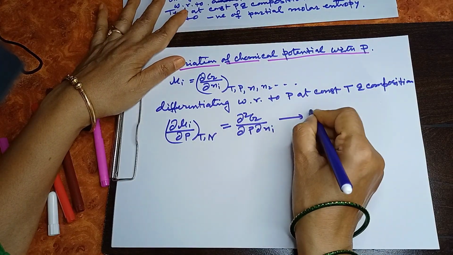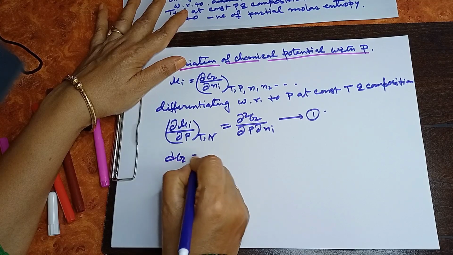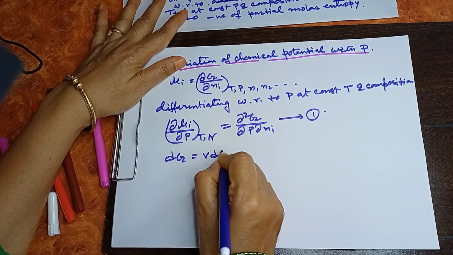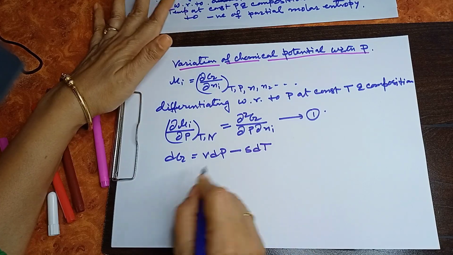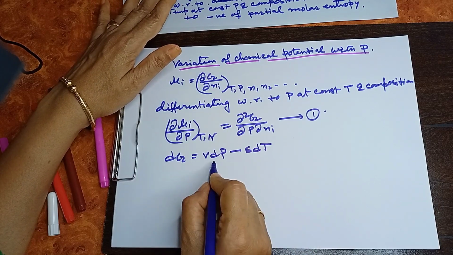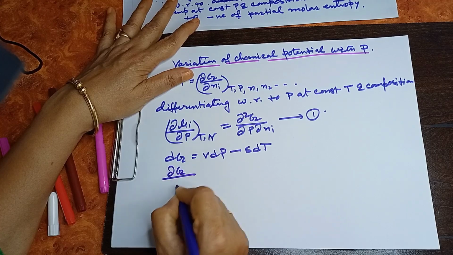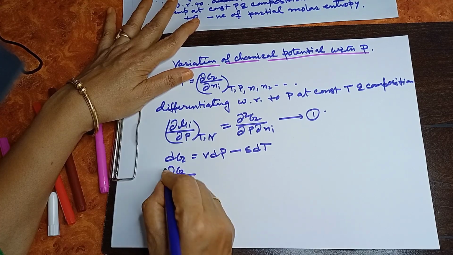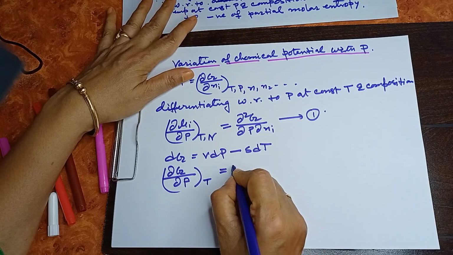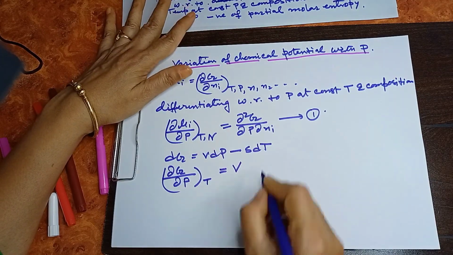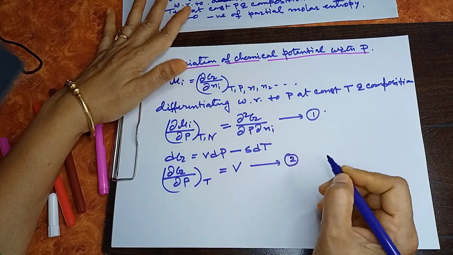This is my equation number 1. Again, we know that dG is equal to V dP minus S dT. So if we differentiate with respect to pressure at constant temperature, then ∂G/∂P at constant temperature is equal to V. This is my equation number 2.